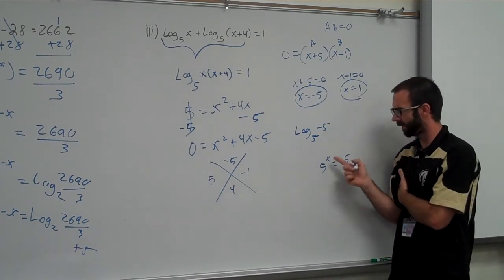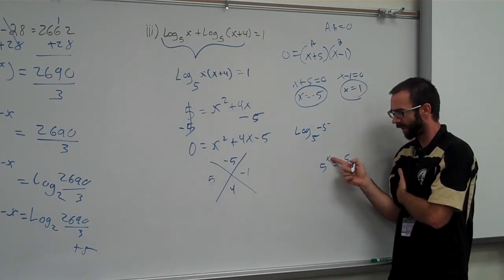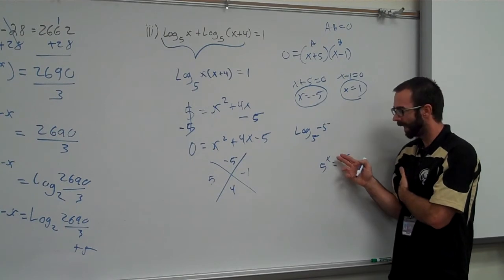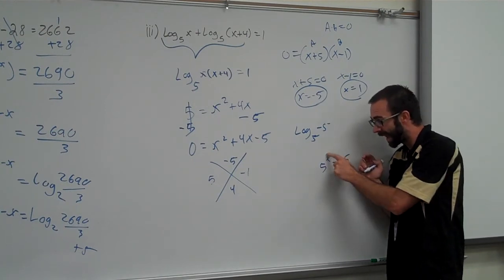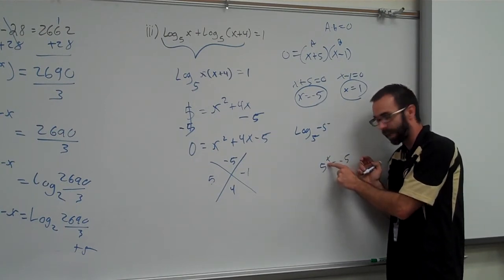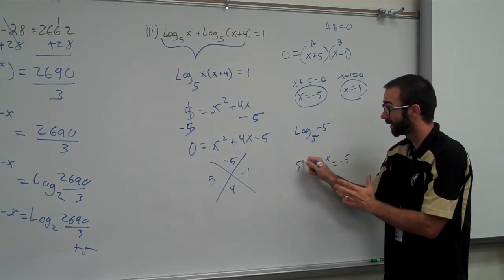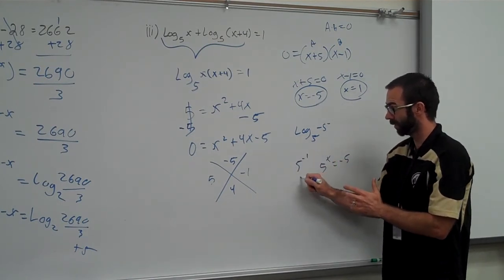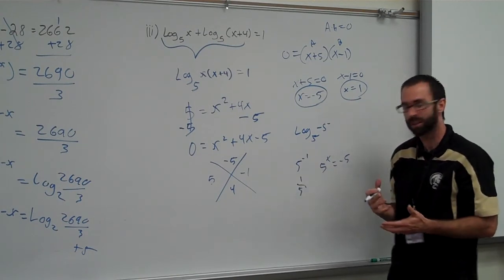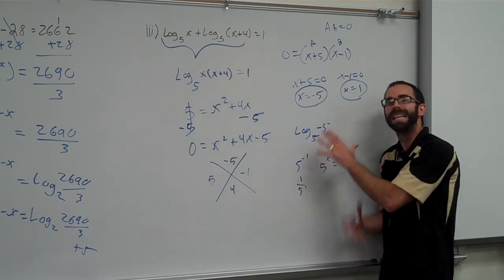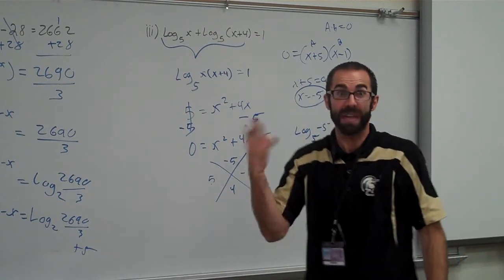Let's think here. If I put in positive values, it's going to give me a positive value. And then even if I put in negative values here, okay, it's going to give me just fractions, right? Like if I do 5 to the -1, well, that's just 1 over 5 to the power of 1, right? So it's not possible to take a logarithm of a negative number.